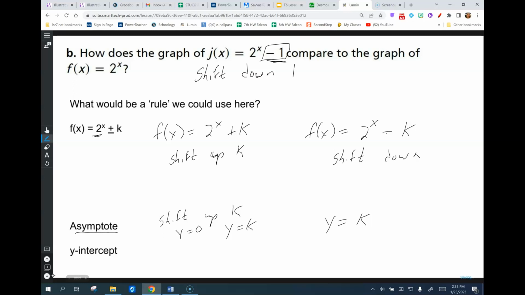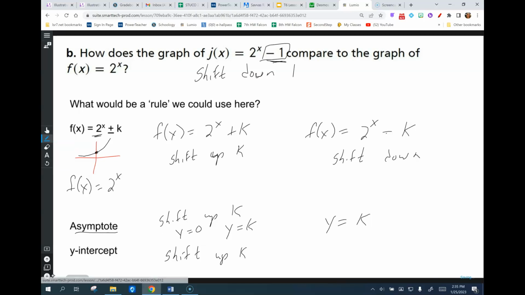Does my y-intercept change? Yes. It also shifts up k. Now think about the y-intercept for your parent function, f of x equals 2 to the x. So let's just sketch it. This is what it looks like, right?